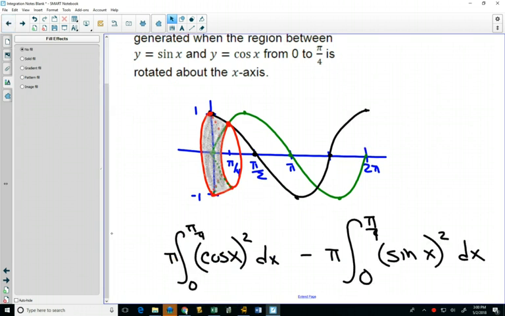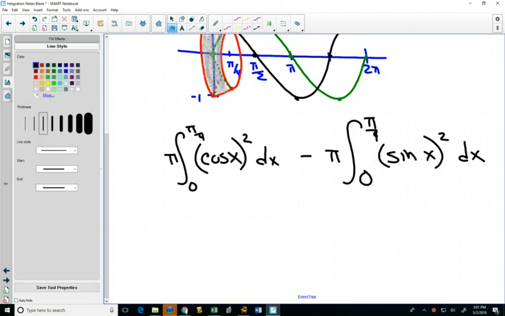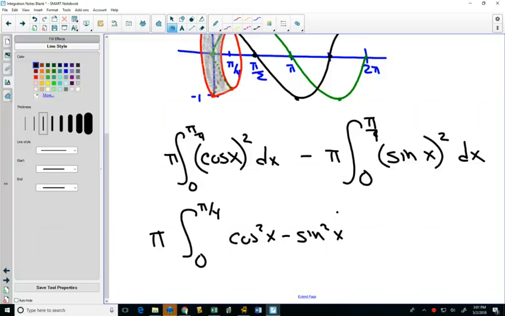We can't integrate this by itself. However, we can factor the pi out of the whole thing, and then we would just get the integral from 0 to pi over 4 of cos squared x minus sine squared x. Because we have a property of integrals that if you add or subtract integrals, and that's cos 2x.